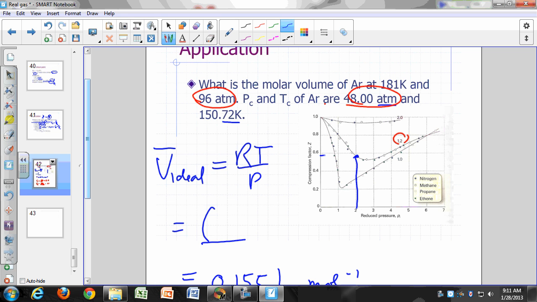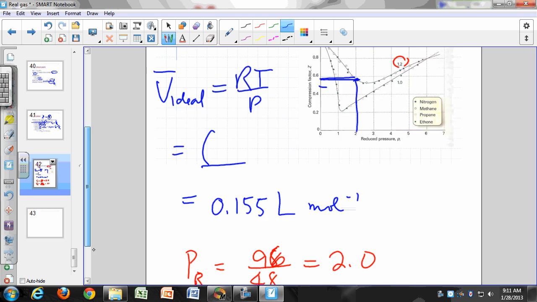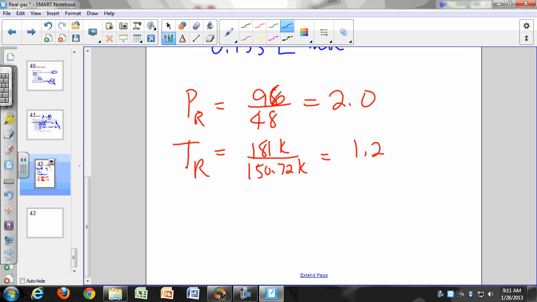So estimate: what's our Z at that point? Close to 0.6, right? Not quite 0.6, maybe 0.58. So let's just say 0.58. So you're going to say Z, according to your chart, is 0.58.